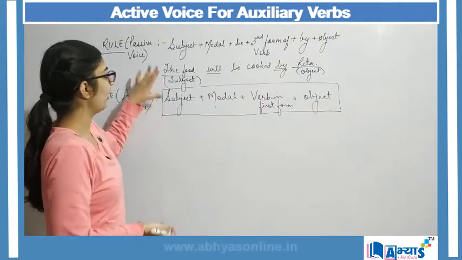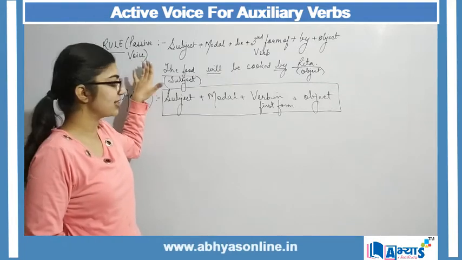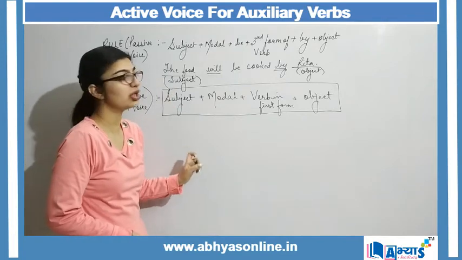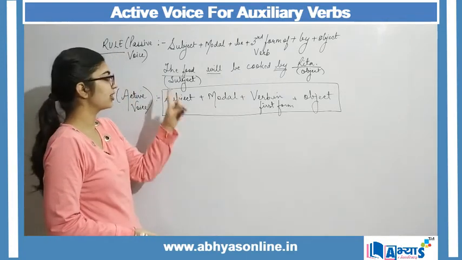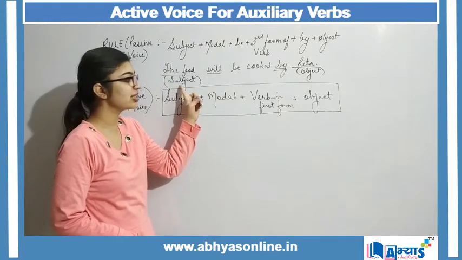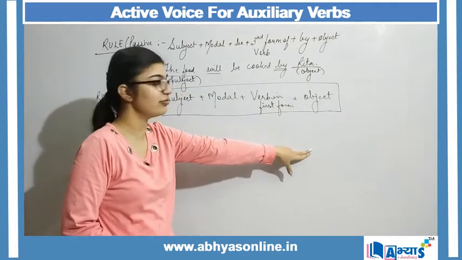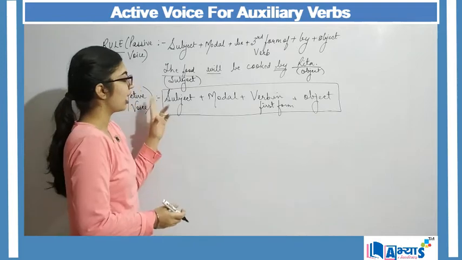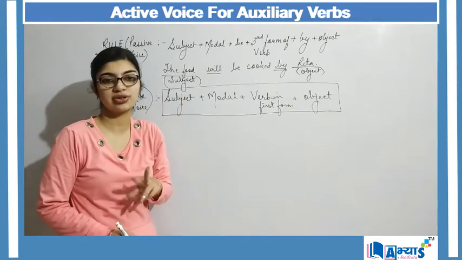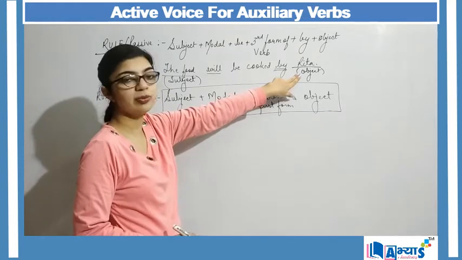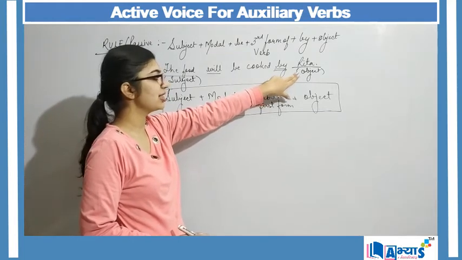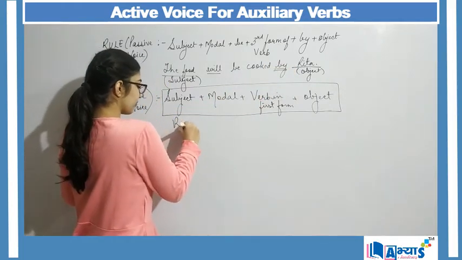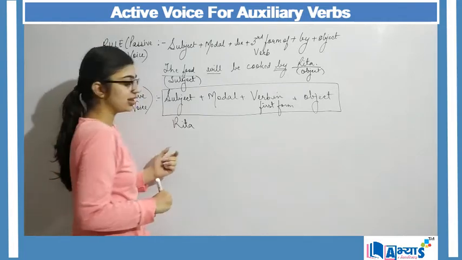Now, I know that this sentence is in passive form. I want to convert my passive sentence to active. The first rule for conversion is that the subject of the passive sentence will be the object for active, and the object of the passive sentence will be the subject for the active sentence. That means the subject and object interchange their positions. Here, the object of the passive is Rita, so I will begin with Rita.